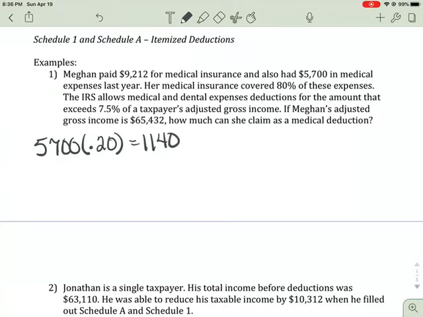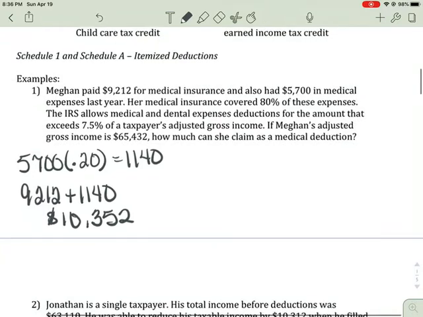Now we're going to add that to her insurance so we can figure out how much total medical she paid for last year. We take the $9,212 plus the $1,140, and we get $10,352. So that's her insurance and her expenses.